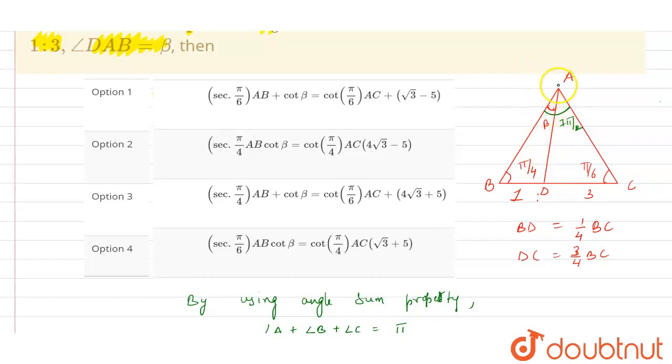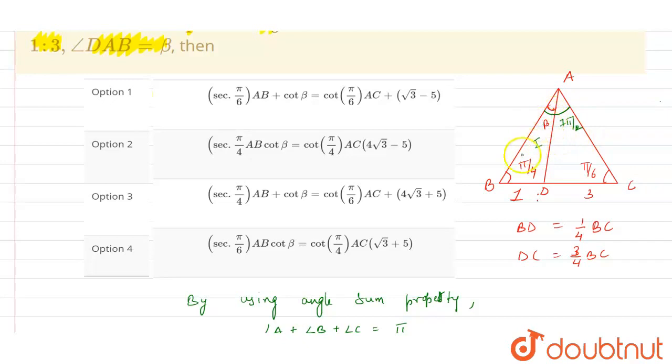If we take triangle ABD, this first triangle, and want to apply the sine rule, it says that the ratio of the sine of the angle subtended at one vertex to its opposite side is equal to the ratio of the sine of the angle at the other vertex to its opposite side.